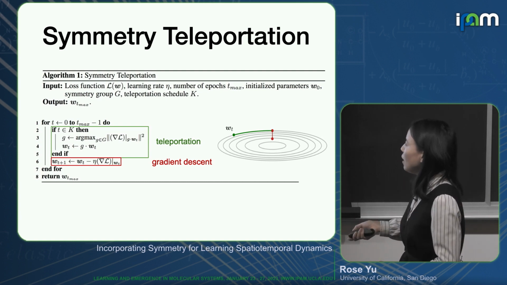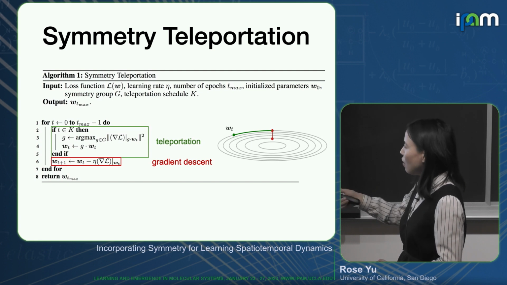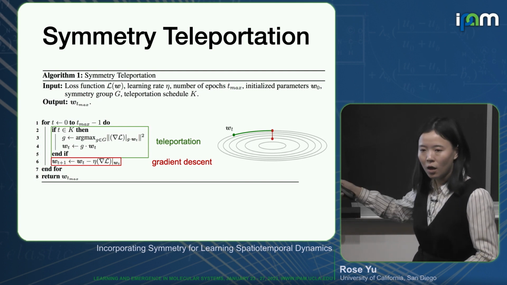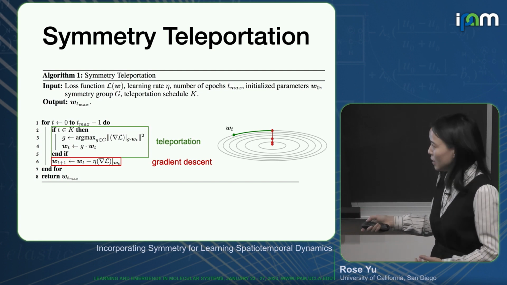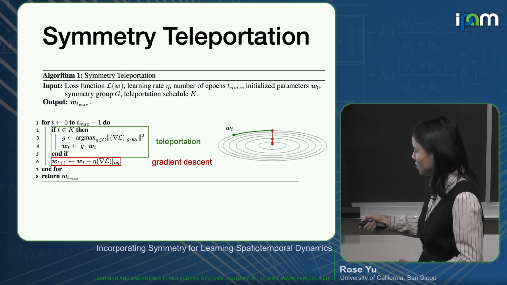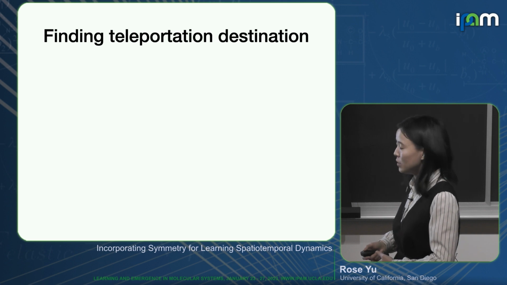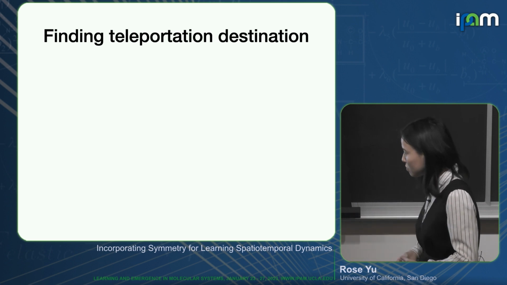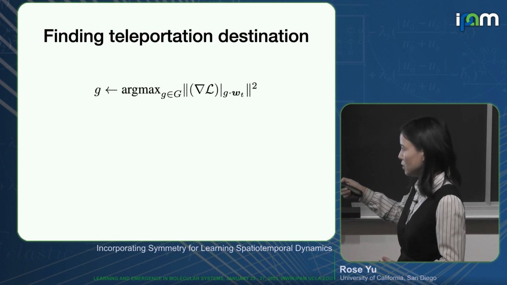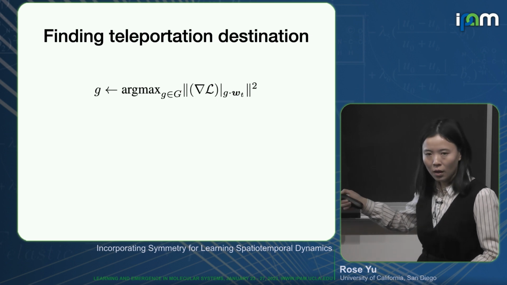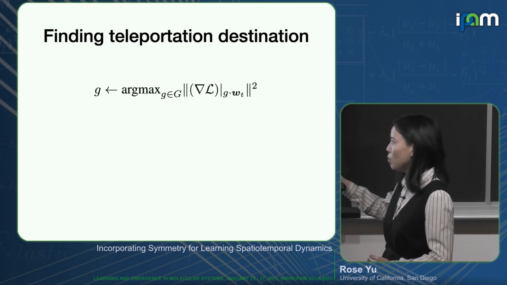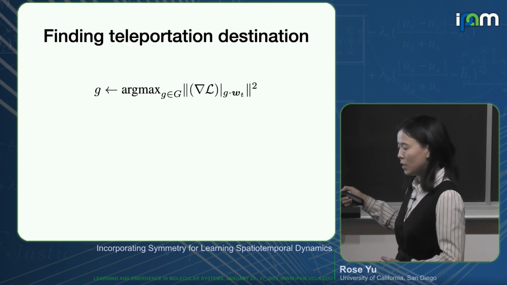So I want to talk a little bit more about how we can make big jumps on the landscape of optimization. This is the animation: we make big jumps and then we make updates. So how do we find the teleportation destination? We want to solve this argmax problem. The objective is to find a group transformation.